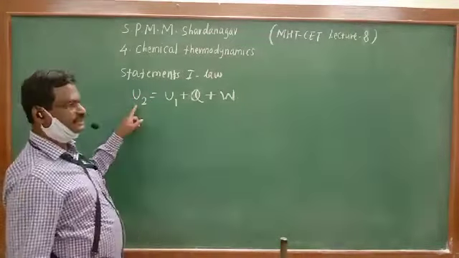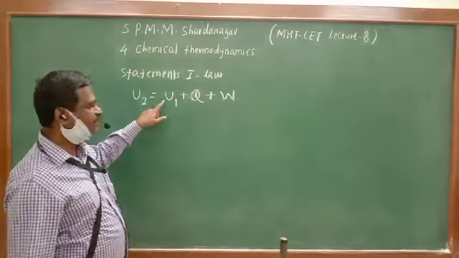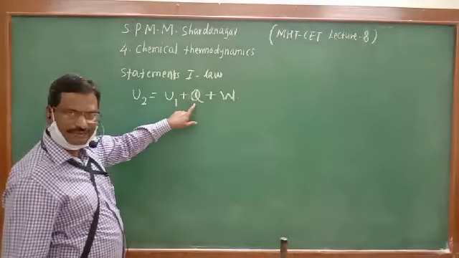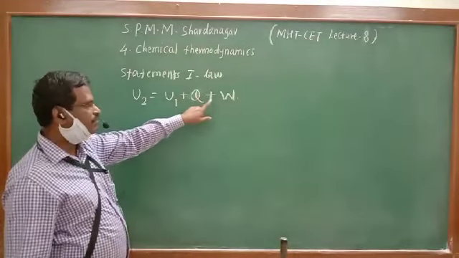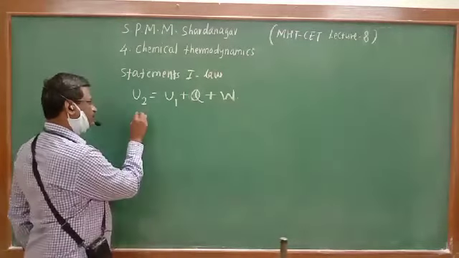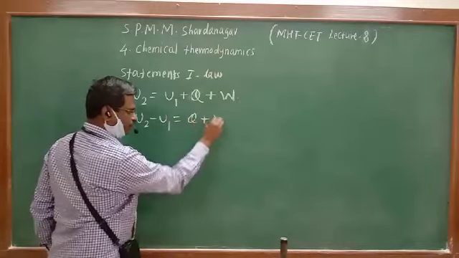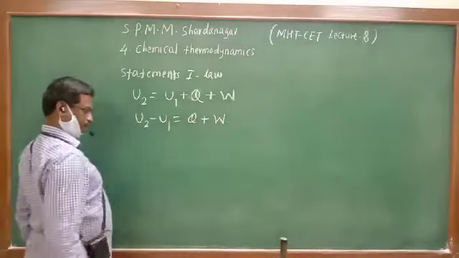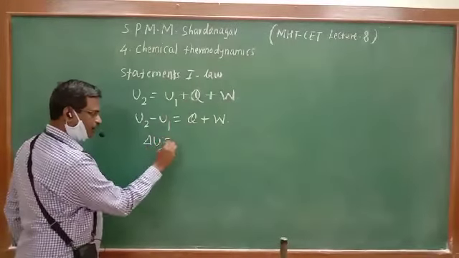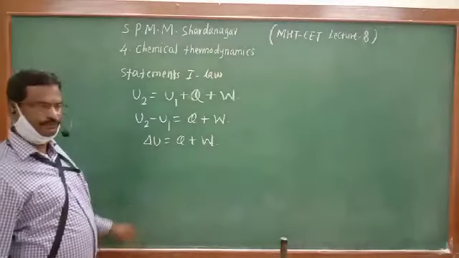So the internal energy in the final state of the system is the internal energy in the initial state plus heat absorbed by the system plus work of compression. So U2 minus U1 becomes Q plus W. Delta U is equal to Q plus W.